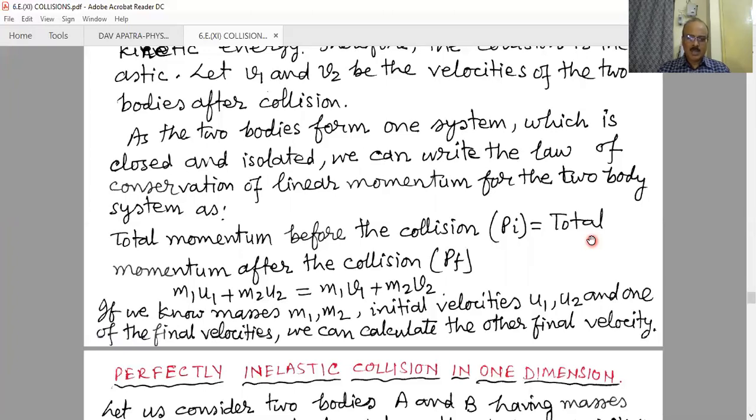If we can find v1 or v2 by another method, then we can find the other. So it is the limitation of this process in case of inelastic collision. Therefore, we have to calculate v1, v2 with the help of other facts, experimental or otherwise.